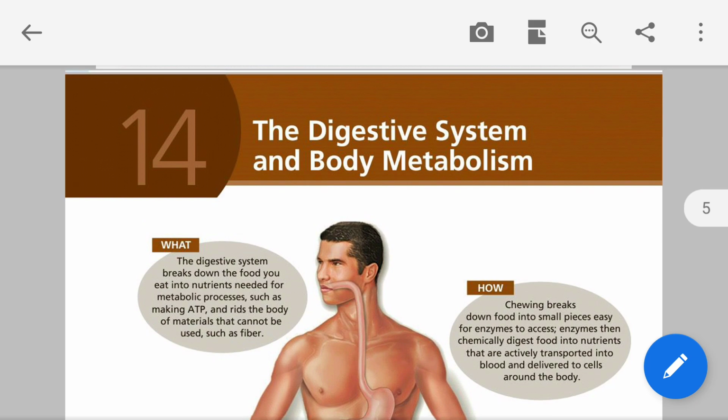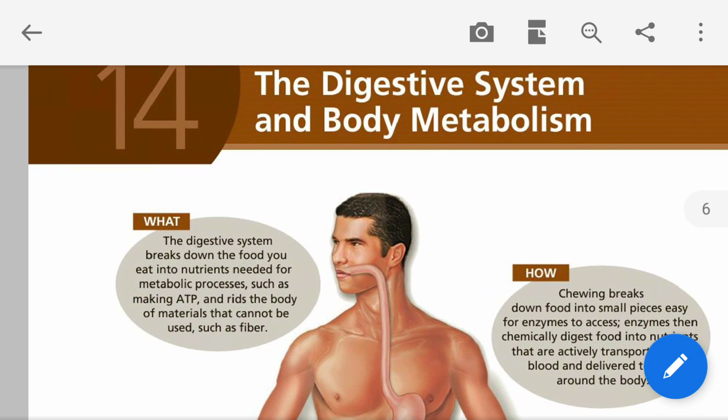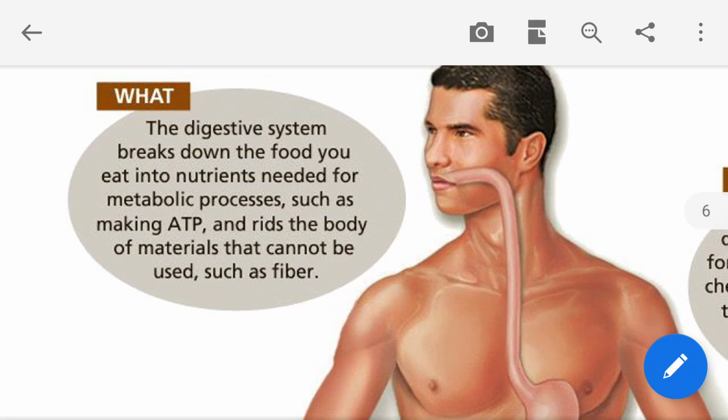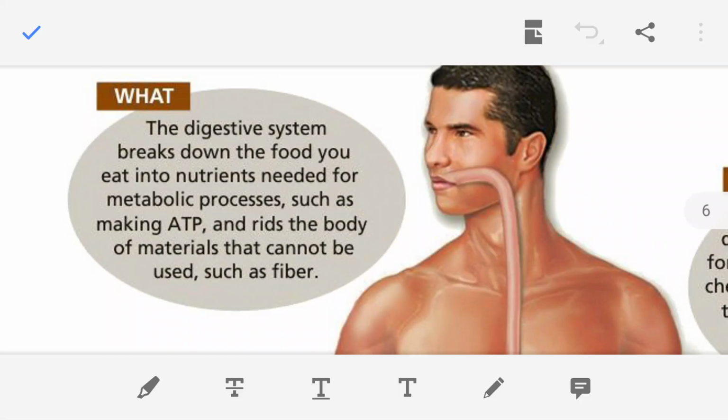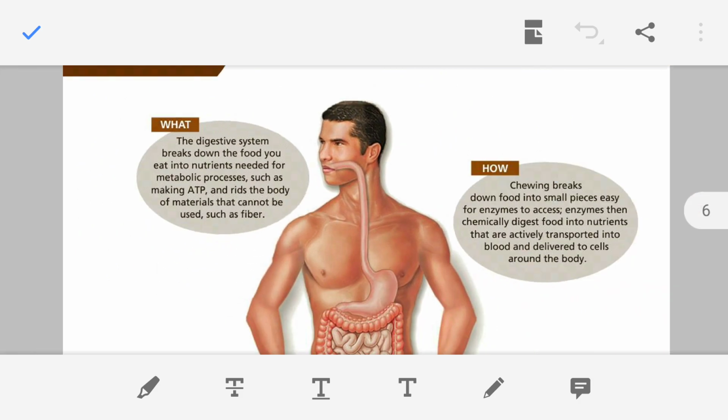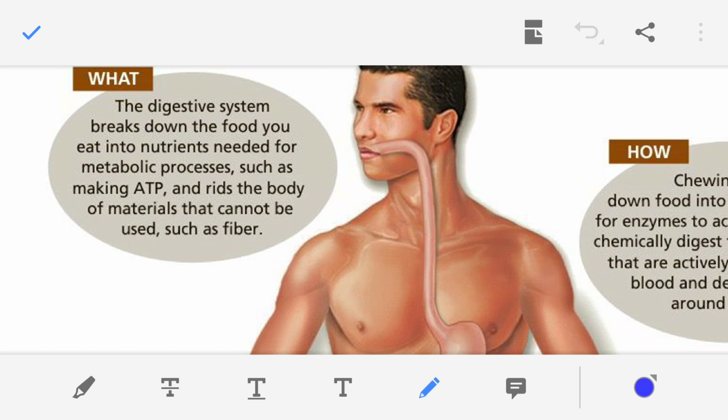Now, this point, digestive system and body metabolism. Here, as you can see, what role the digestive system is playing in our body. The digestive system breaks down the food that we eat, and with the help of the digestive system we break our food and get the nutrients. These nutrients are very vital for the metabolic processes or the cellular activities of the body.